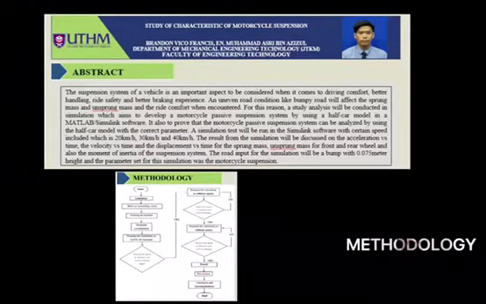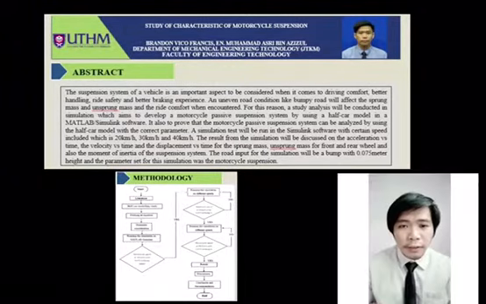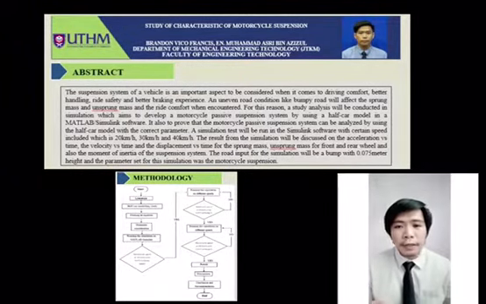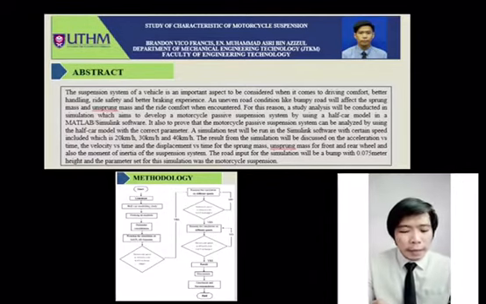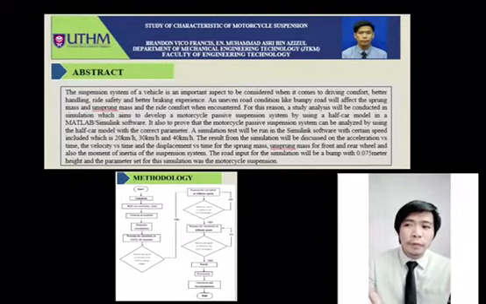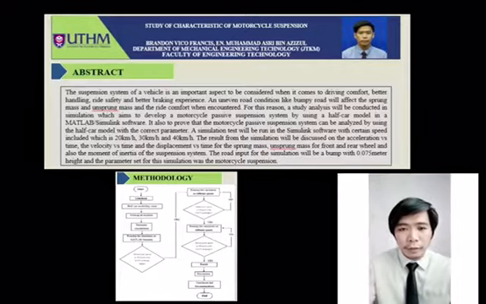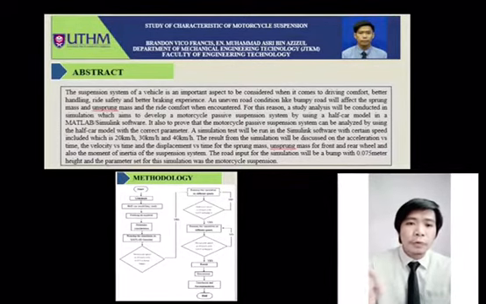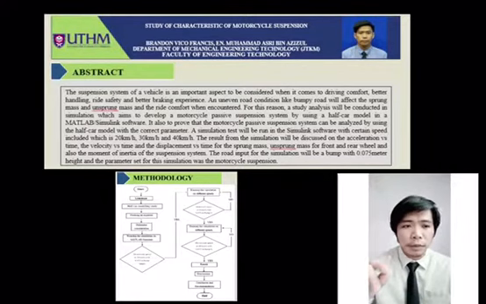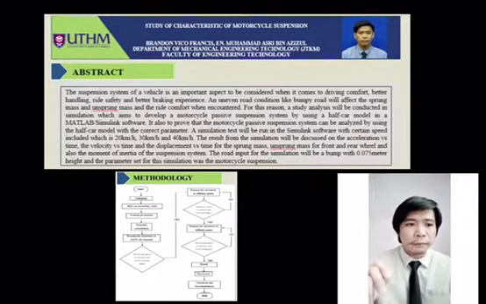Okay, so the first one is the half-car modeling. This half-car modeling is basically a mathematical model that represents the half car of the suspension of the motorcycle. In this half-car modeling, it also represents the passive suspension system on the motorcycle for the front and rear.